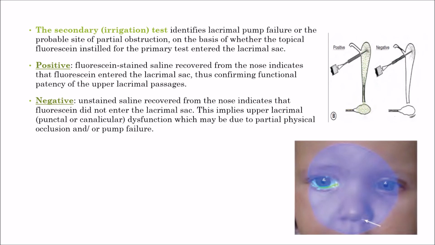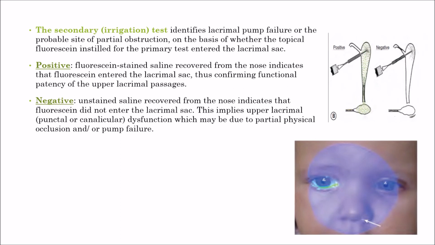And a cotton bud is then put under the inferior turbinate. It is positive if the fluorescein stained saline recovered from the nose indicates that fluorescein entered the lacrimal sac, thus confirming functional patency of the upper lacrimal passages. Partial obstruction of nasolacrimal duct distal to the sac is inferred, as it is shown in the picture here.